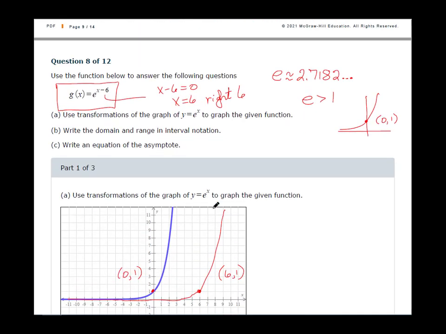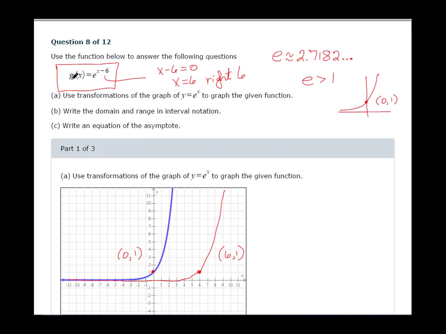All right, question 8. We have this e business. Well, e is a number. It's about 2.7182, which means that e is bigger than 1. So it's going to have a basic shape like this one. But the x minus 6 means it's shifted left or right. Which one?